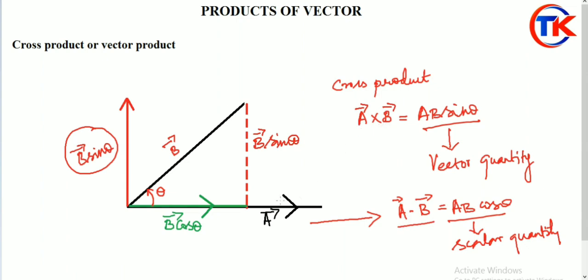Here the A vector is in this direction, and the B vector has two components, one cos, another sin. Now we want to express direction, so we take B sin theta and the A vector. So AB sin theta. This product is called a vector quantity. It has direction.